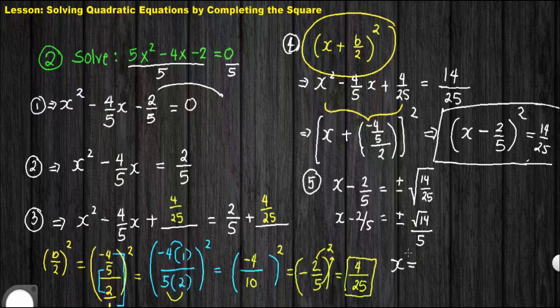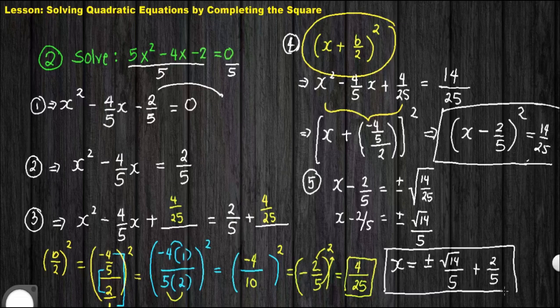X equals plus or minus the square root of 14 over 5 plus 2 over 5. And this is our final answer. Okay? So this is completing the square. If you want to use it, you just follow the 5 simple steps to find the solution.